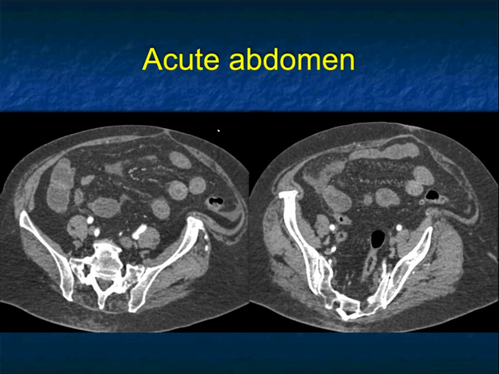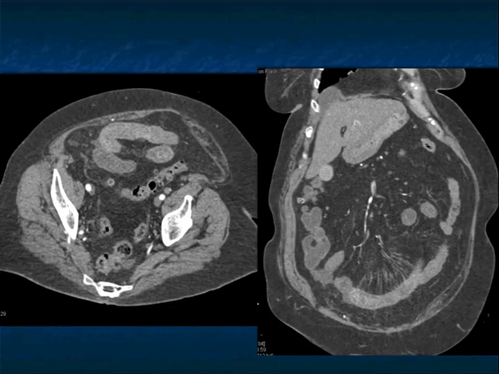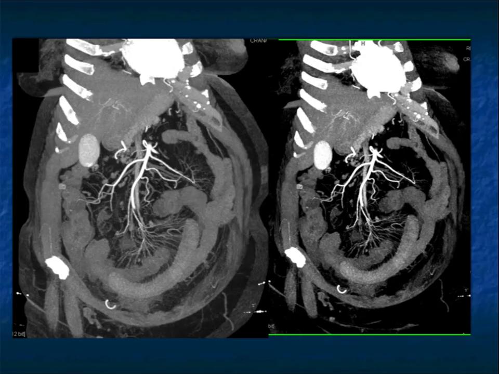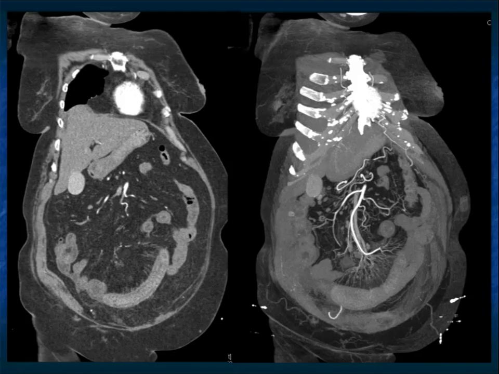What about this case? We're looking at thickened bowel, we're looking at halo, we're looking at a misty mesentery. We're looking at long segment involvement, prominent vessels. You can see the vessels off the SMA. You look at it on MIP, again, the mucosal enhancement of the ileal loop, fairly extensive, prominent vasa recta. So what are we thinking about?